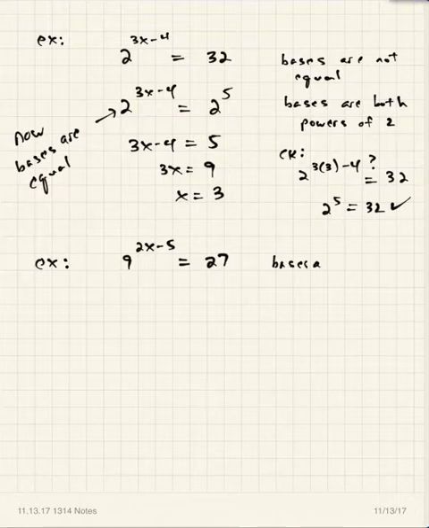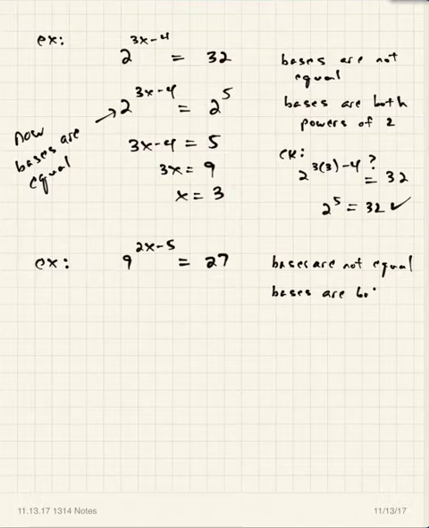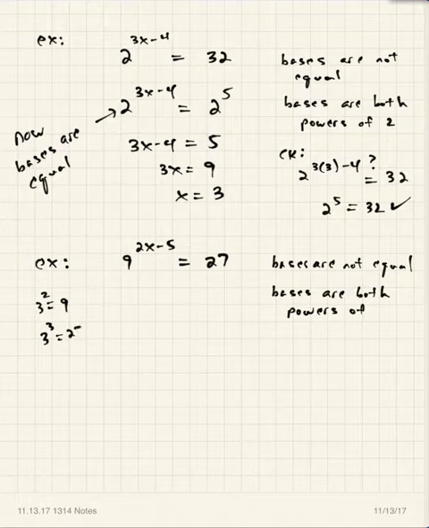However, once again, the bases in this case are both powers of, and let's see, we have 9 and 27 are both powers of 3, right? We know that 3 to the 2nd power is equal to 9, and 3 to the 3rd power is 27. And so we take advantage of that in this problem. These are both powers of 3, and so we write them that way.